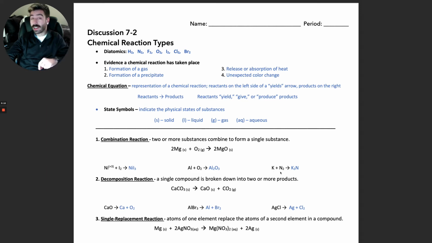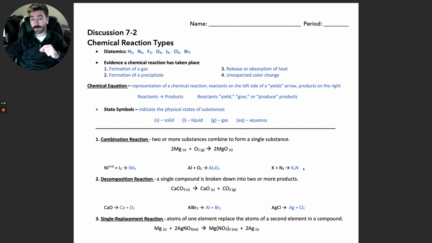Potassium and nitrogen, right? Potassium and nitrogen react or combine to produce potassium nitride. When you say it as a sentence, it just sounds right. And it is. Potassium nitride is the answer. But how do you write potassium nitride? So you have to use your Unit 6 knowledge. Potassium is plus 1, nitrogen is minus 3, so K3N.